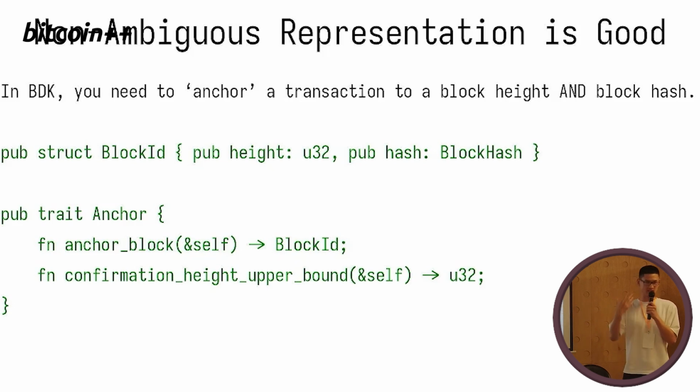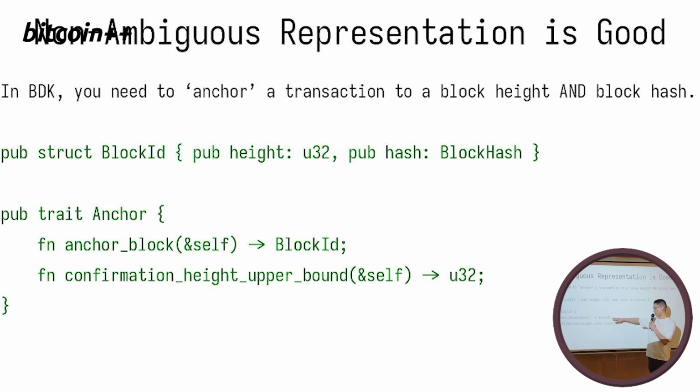This is where the extendability of BDK comes in. What this basically means is you can associate multiple anchors with a transaction ID. And basically what it says is, as long as the anchor block is in the best chain, the transaction associated with the anchor is guaranteed to be in the best chain.